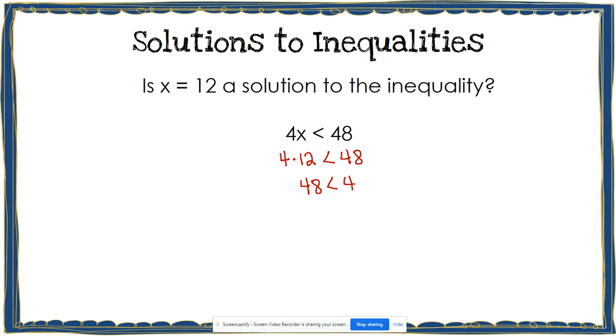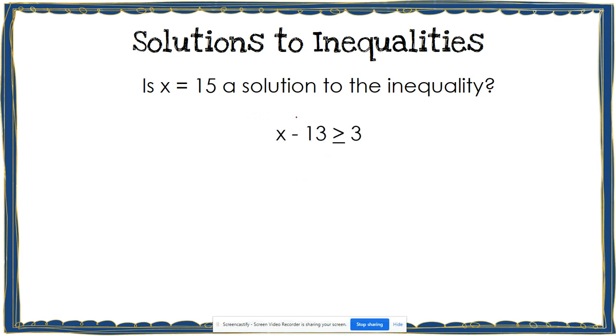And now my inequality says 48 is less than 48. And I have to ask myself if this is true. Now, if this said 48 equals 48, then it would be true. But 48 is not less than 48 because they are actually equal to each other. So in this case, 12 would not be a solution to this inequality.